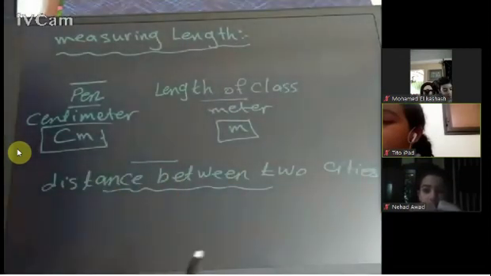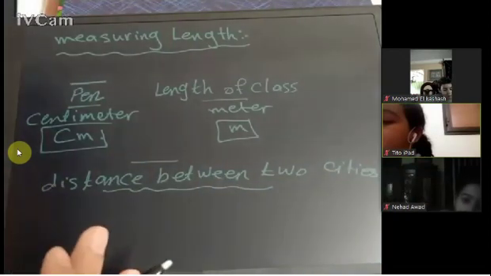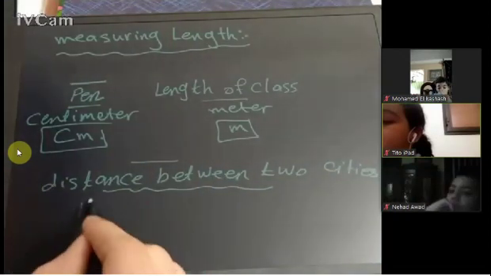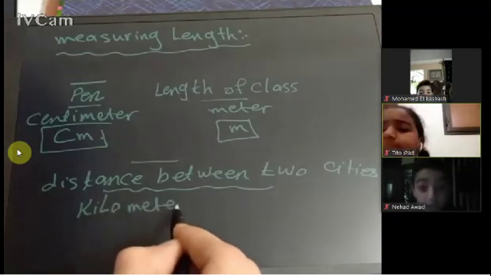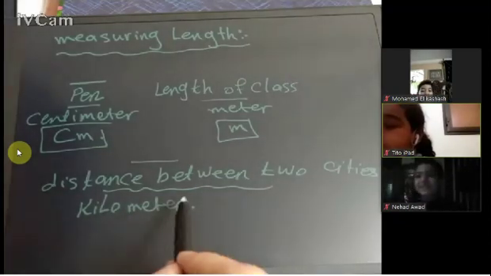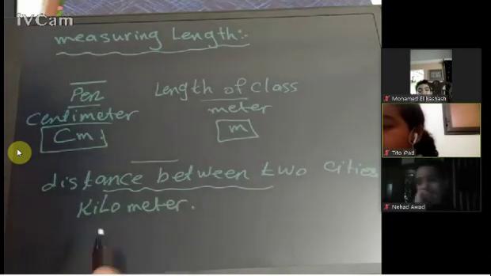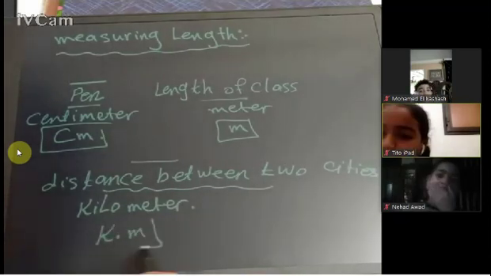And for the distance between two cities, we will use the longest unit, called kilometer. This is the biggest unit that we will use this term, and we can write it as km.